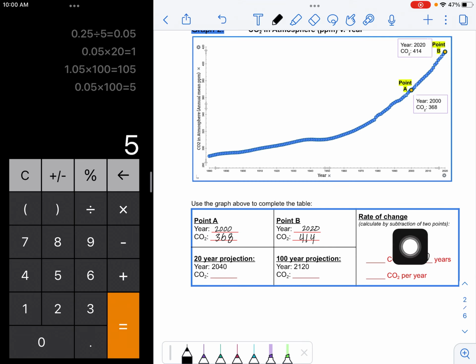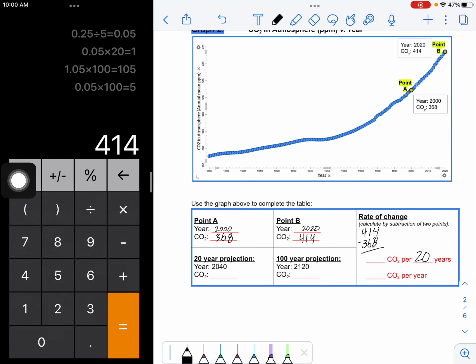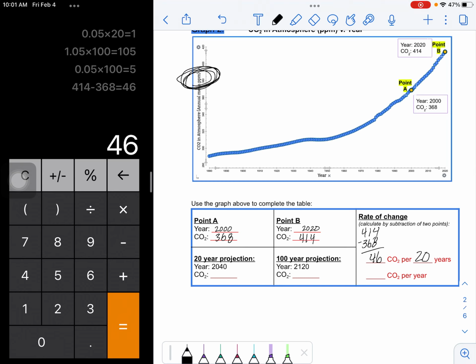And then to figure out my CO2, I've got that 414 minus 368. I'm looking at the difference between those two. 414 minus 368. So I see CO2 going up 46 parts per million every 20 years.